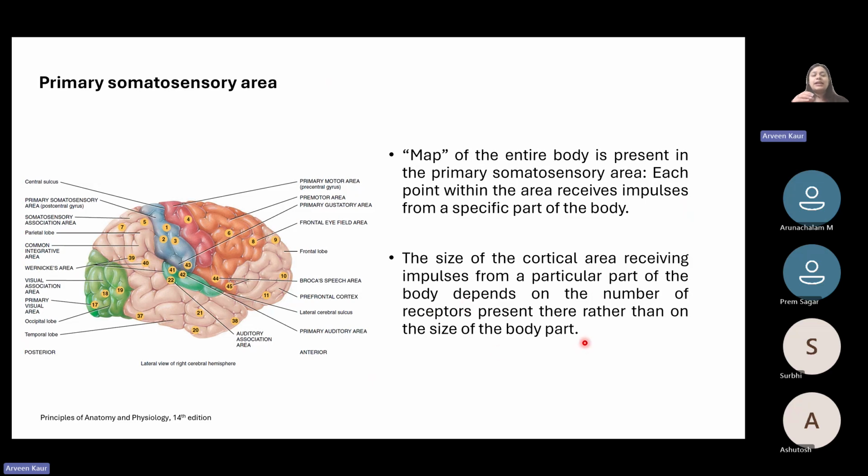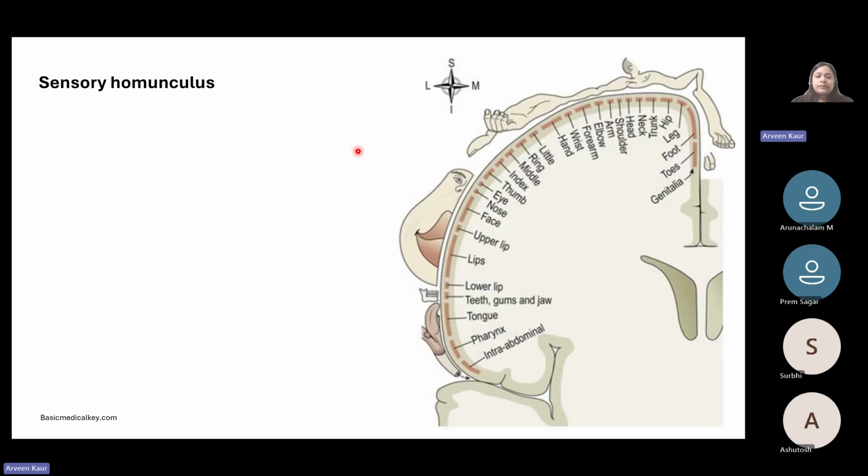For instance, as we were saying, the lips, the tongue, the fingers, and the hand have more area dedicated to them in the somatosensory cortex than, say, the limbs, the legs, etc. So this is the sensory homunculus. We have already spoken about it, so we'll not spend much time over here.